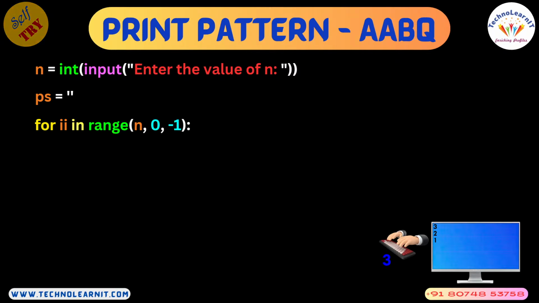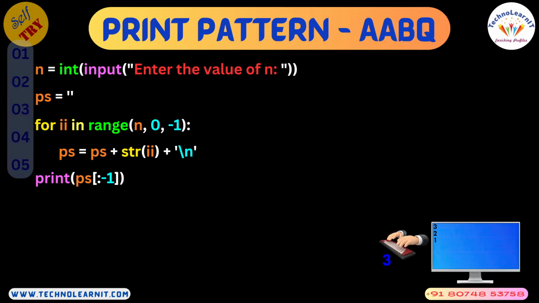So if you are allowed to use the string manipulations and all, string concatenation and all, this is what you need to do. And finally print the string except the last new line character, single character.